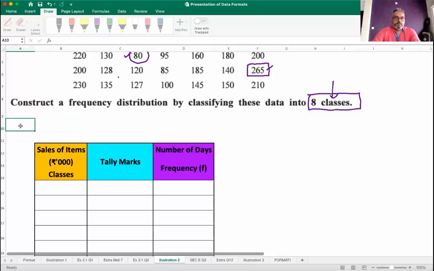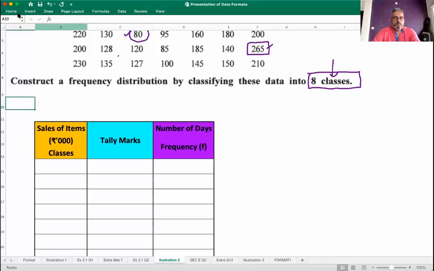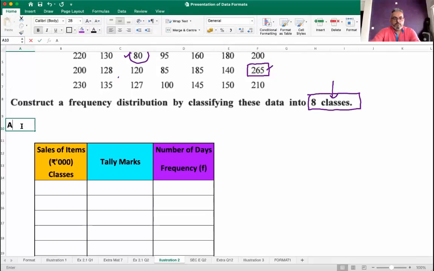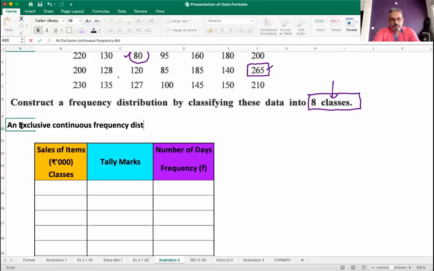So make the format and we also write the heading. Heading is an exclusive continuous frequency distribution of sales in rupees 1000 during 4 weeks.